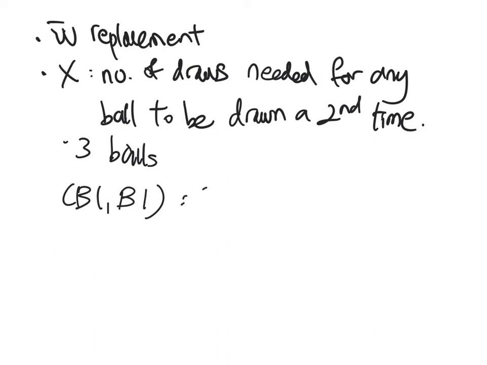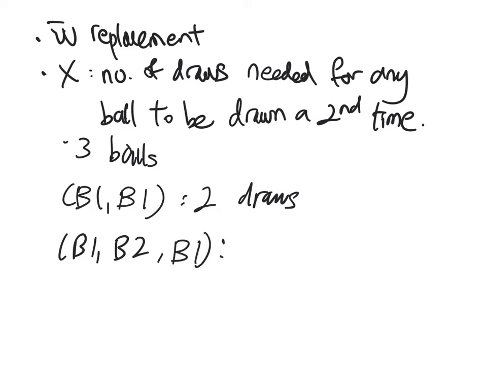So this is a case of 2 draws. But if we have B1, B2, and of course B1 again, you notice that I have in fact managed 3 draws. A case of 3 draws.